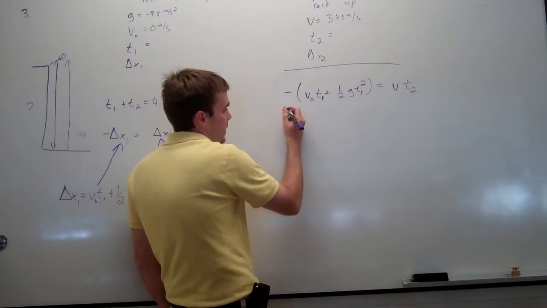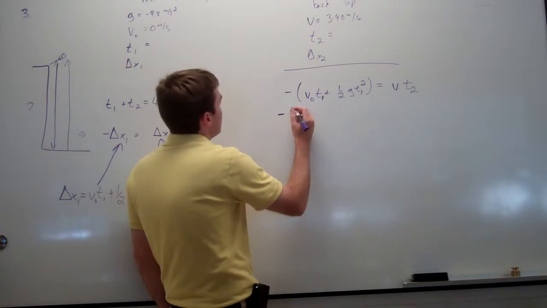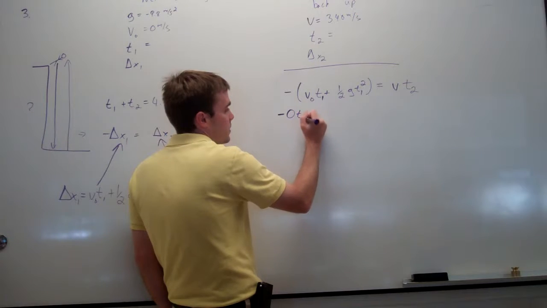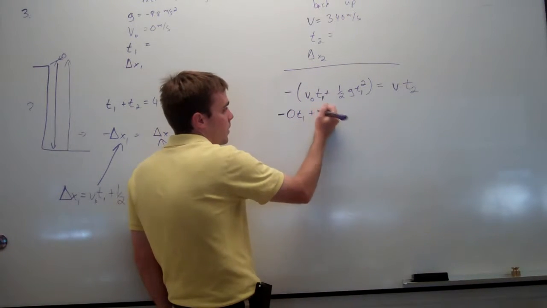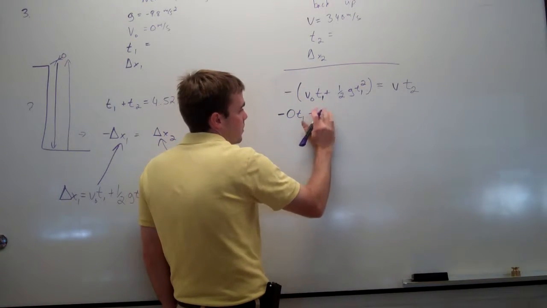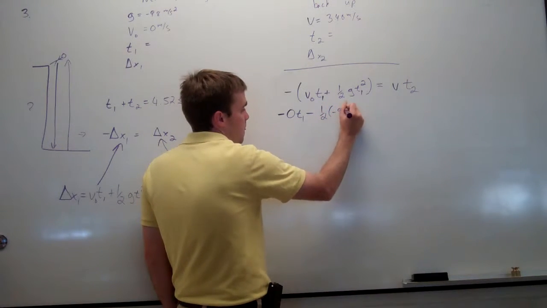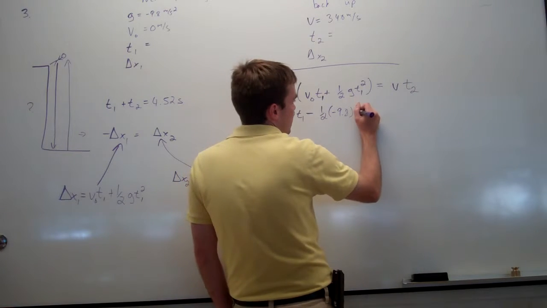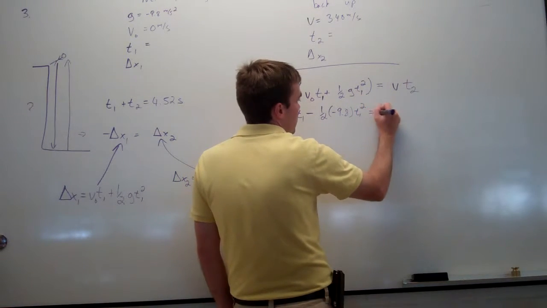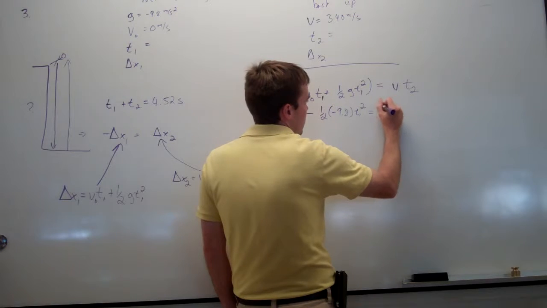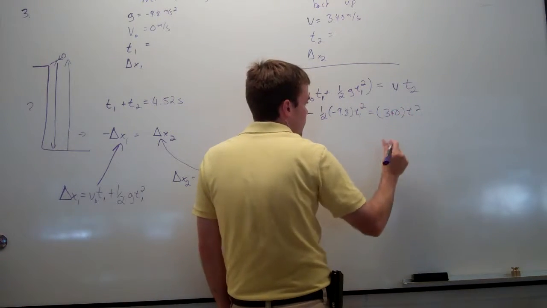I'm going to distribute that negative, so we get negative 0 times T1 plus minus 1/2 negative 9.8 times T1 squared equals 340 times T2.